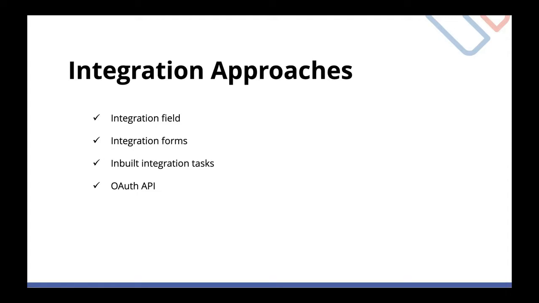There are four methods. The first method is integration fields and forms. I am sure Avi would have taught you this in session two, but I'll also give you a small overview. An integration field is used to look up data from an existing or a third-party or different application.